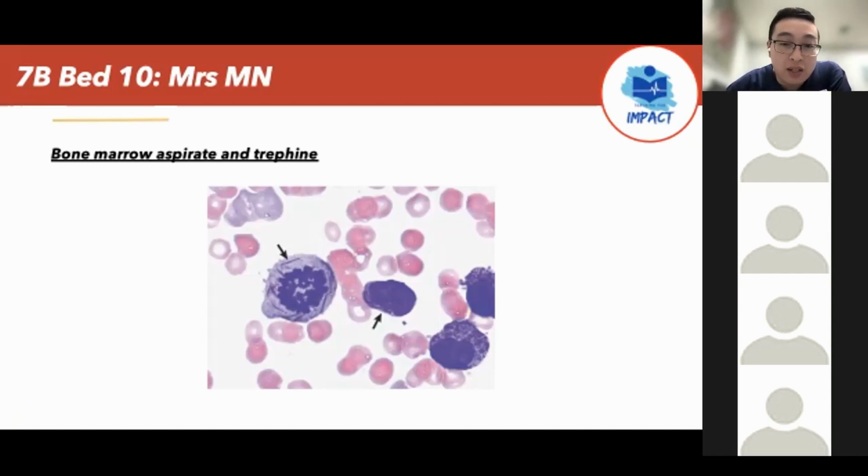For these patients, we usually treat initially with ATRA plus arsenic trioxide. Whereas patients with an initial white cell count of above 10 are defined to have high risk APL, and we treat these patients with ATRA plus anthracycline.